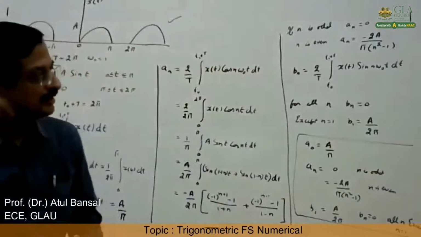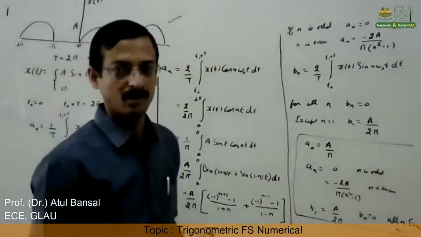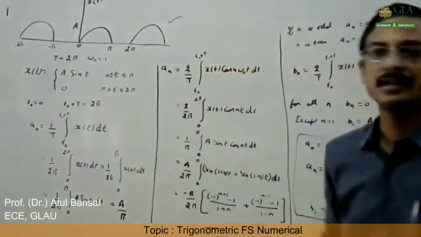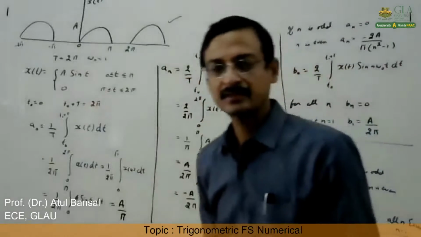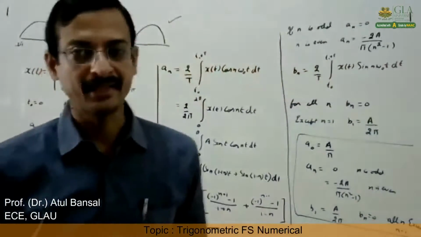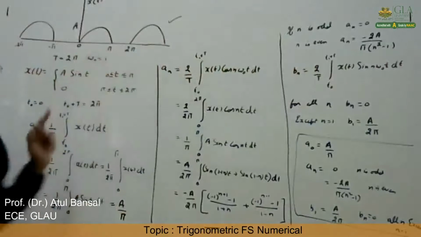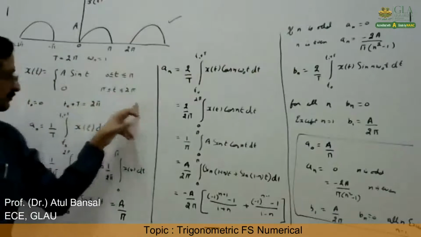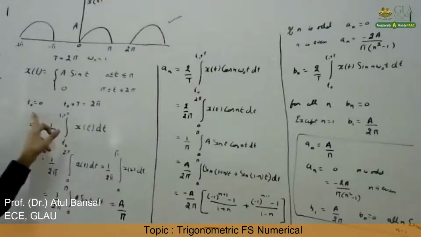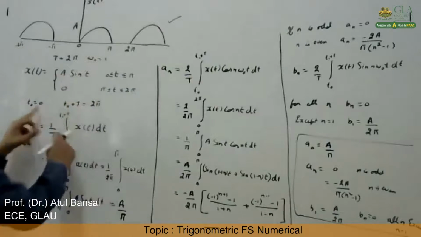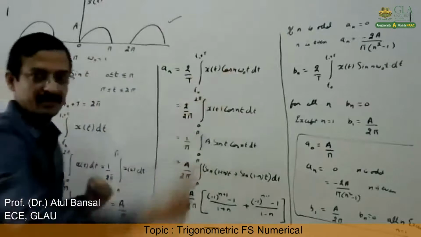So this is the evaluation of the Fourier series or harmonic analysis for a given signal. Like this, we have to follow for any signal. First, we have to obtain its time period and angular frequency, define the signal mathematically, then take some value for t naught so that the limits can be decided for the integrals.